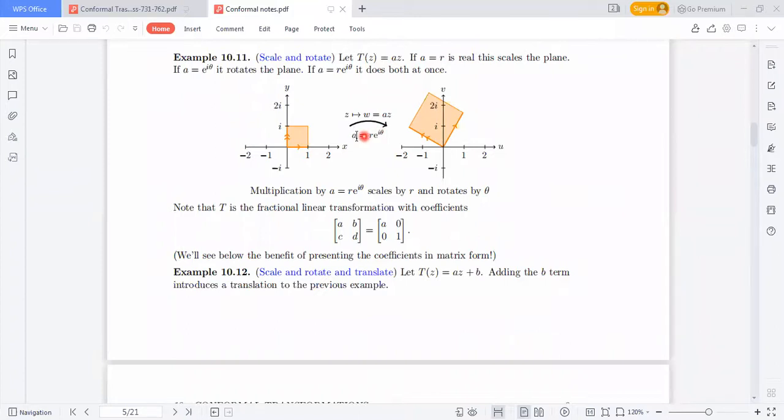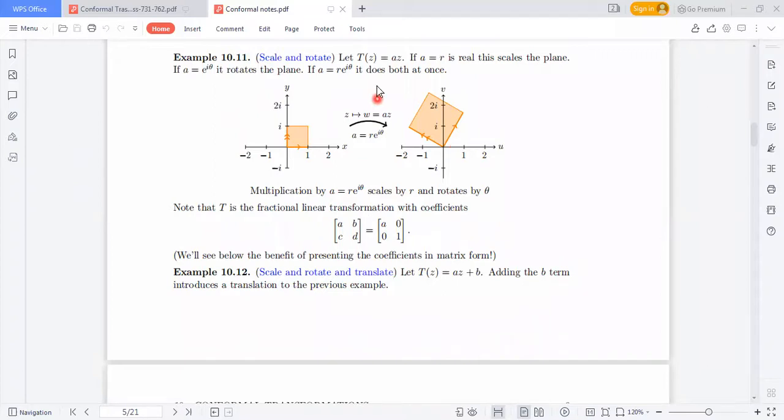If z transforms to w, the square becomes a little rotated and magnified. Multiplying by a equals r e to the power i theta scales by r for magnification and rotates by angle theta.